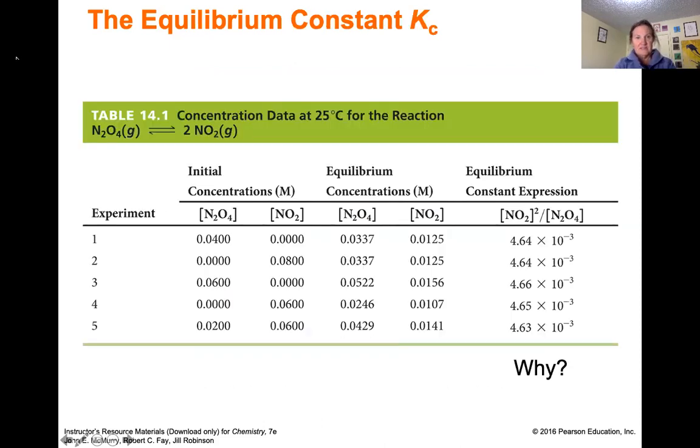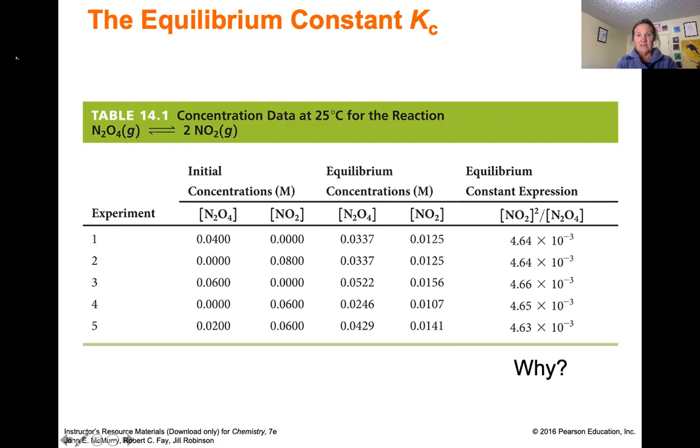This is just the concentration data, and what you'll notice is, it doesn't matter where you start. Experiments 1 through 5 start with different concentrations of N2O4 and NO2, and the concentrations don't necessarily reach the same point, but something that does is the ratio of the products over the reactants raised to their stoichiometric coefficients.